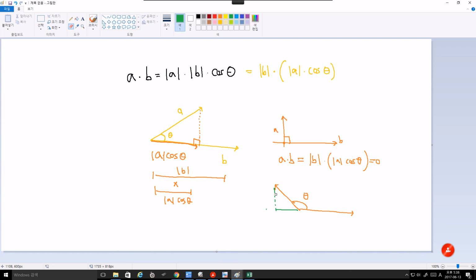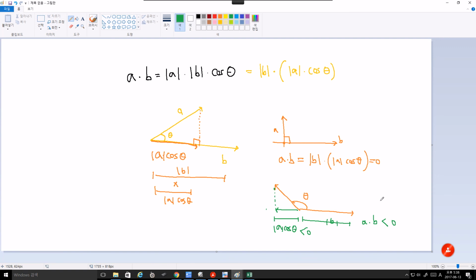Now the length of this line is A cosine theta, but now it is less than 0, and this is B. So now this A dot B is less than 0.